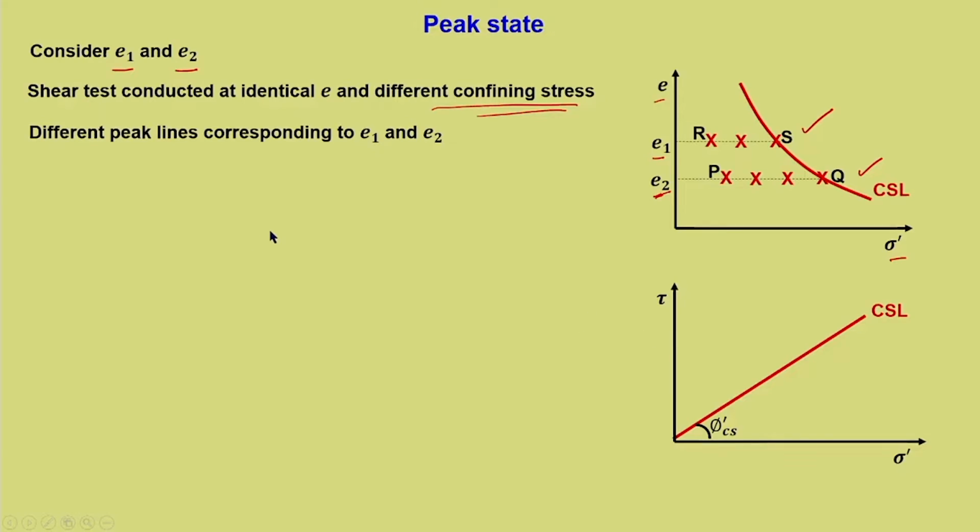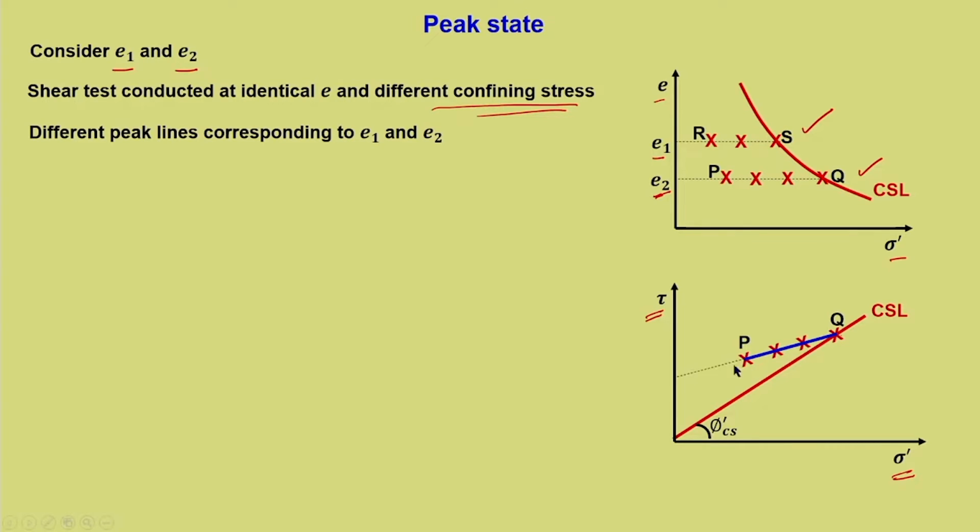So, let us try to do the same thing here, tau versus sigma dash. This is the critical state line, and for e2, that is at a smaller void ratio, we get the 4 points here, the last point being on the critical state line. So, the peak line is PQ, which meets the critical state line at point Q.